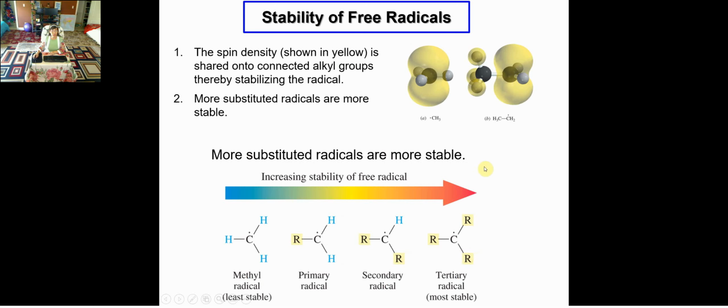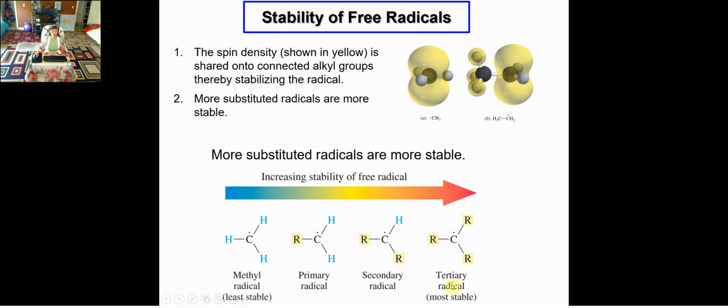The stability of these radicals is very similar to carbocations and is also related to the substituents. The more substituted radicals are more stable. The more substituents you have on your radical, the more stable it is.